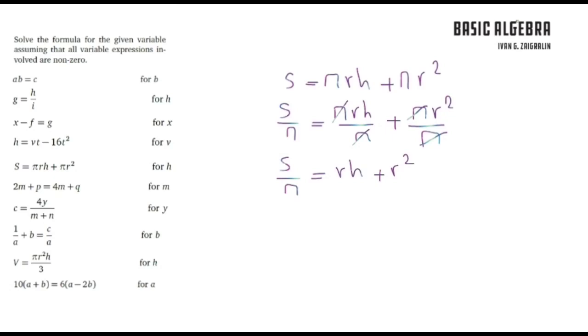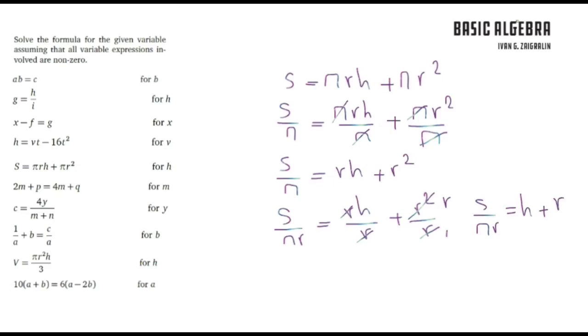And in the next stage we divide each side by r, so S over pi times r equals r h over r plus r squared over r, and this r goes with this r, and this r is 1, and this r squared is r. So S over pi r equals h plus r.